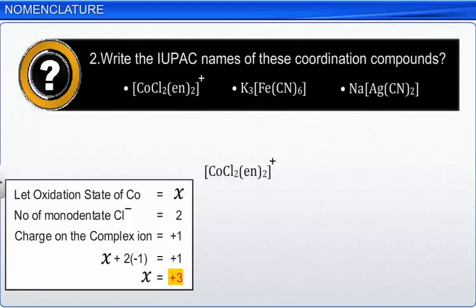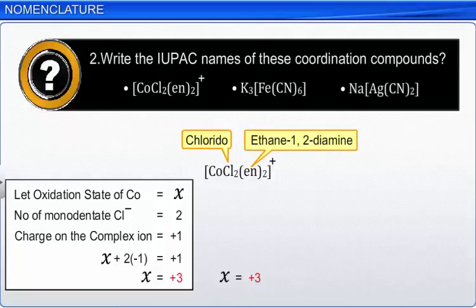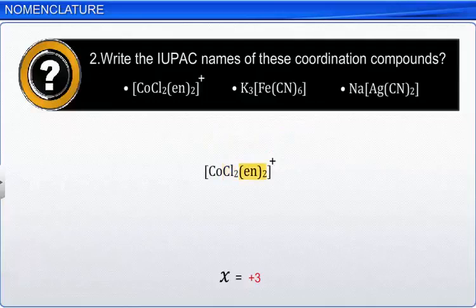The number of chloride and ethane-1,2-diamine ligands is indicated by the prefixes di and bis respectively. Thus, the IUPAC name of the given complex is written as dichlorido bis(ethane-1,2-diamine) cobalt(III).